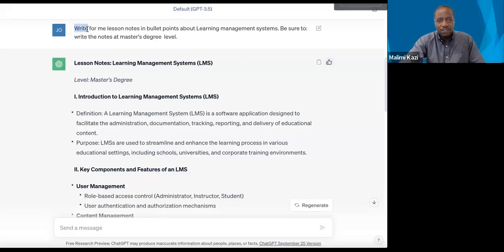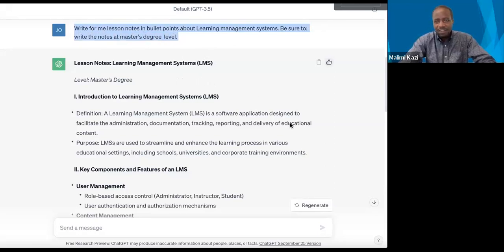So this is the prompt I provided to ChatGPT. So it's like an instruction of what I want the AI model to do.